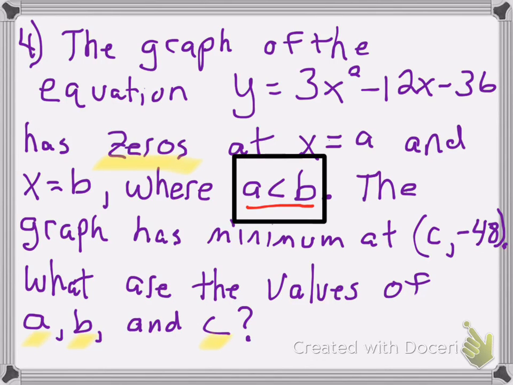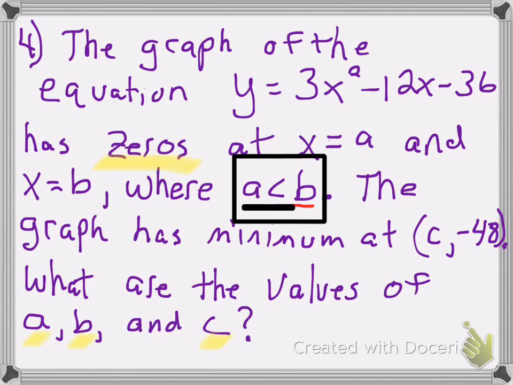The graph of the equation y equals 3x squared minus 12x minus 36. I'm just going to read it. Don't get all frustrated yet. Has zeros at x equals a and x equals b, where a is smaller than b. Now, I kind of boxed that statement in there.